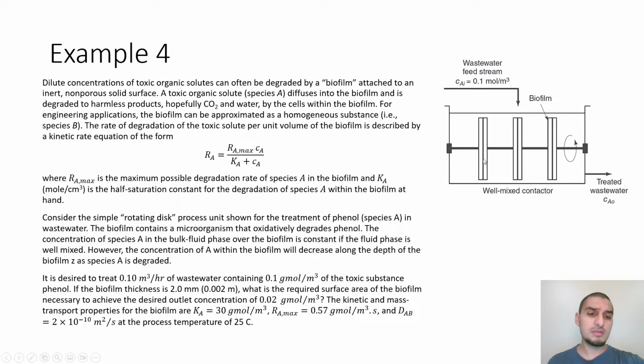We can assume that this biofilm is a homogeneous material that we call B, and the toxic material is A. If we consider this consumption as a reaction process, then we can consider this as the rate equation: the rate of consumption of A equals RA maximum multiplied by CA divided by KA plus CA. RA maximum is the maximum possible degradation rate of species A, so this is the maximum degradation ever that you can get in the biofilm.